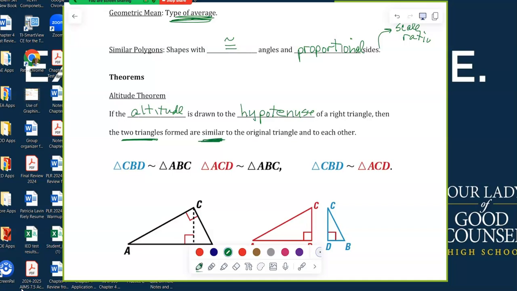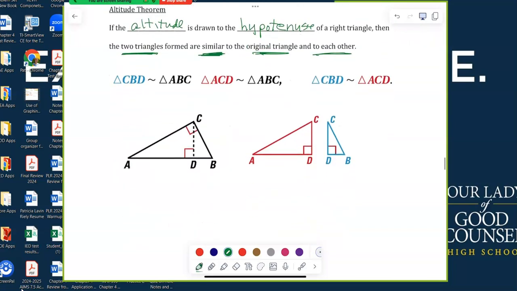So what does that mean? Their angles will be equal and their sides will be in proportion to the original triangle and to each other. So look, this is your original triangle right here. They're calling it triangle ABC.